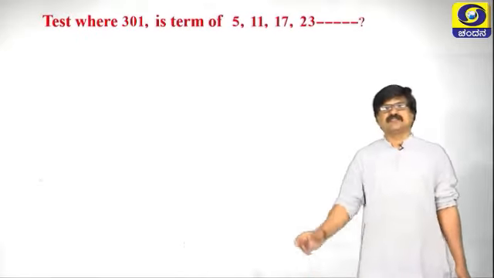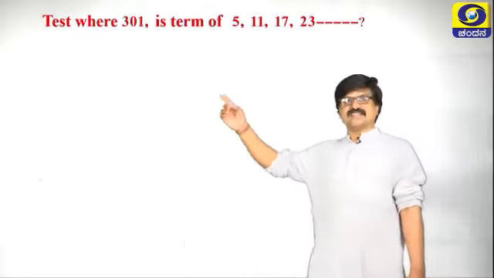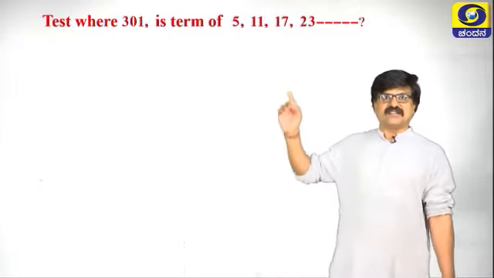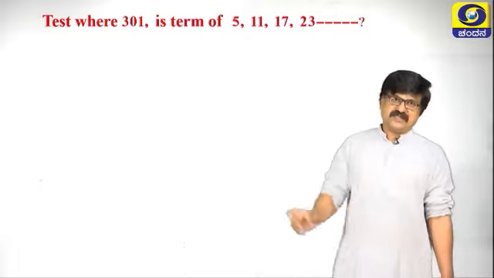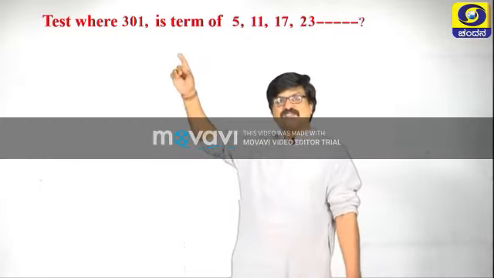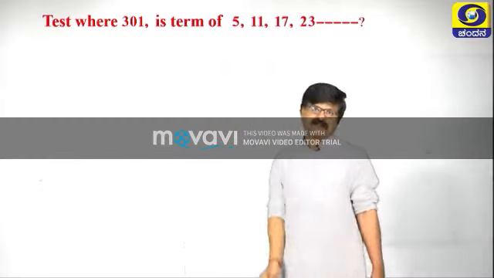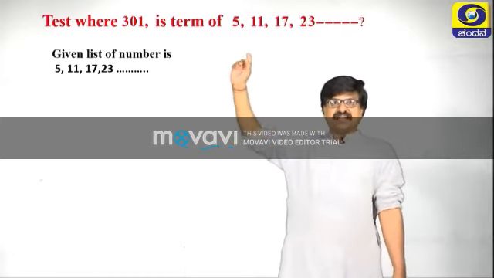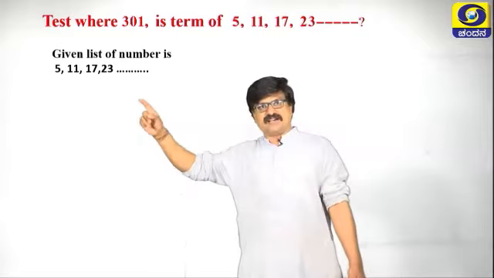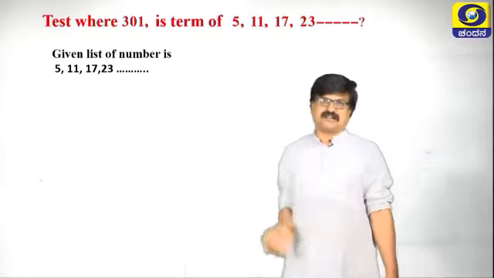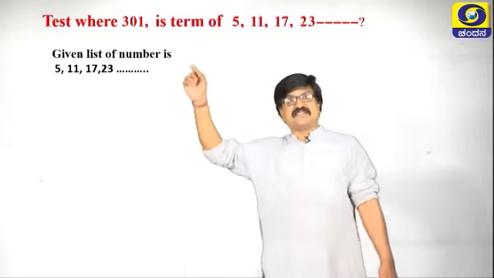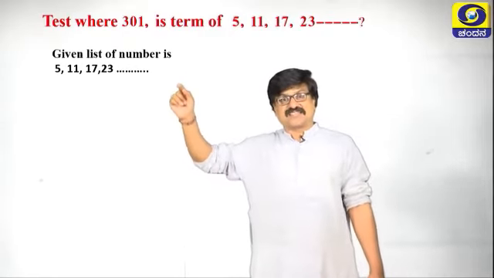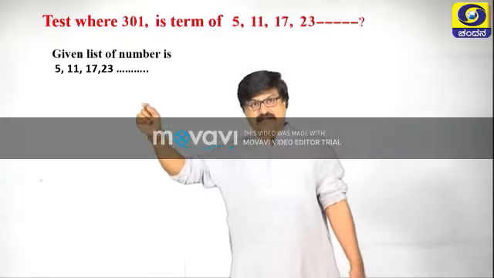The next one is one more sum. Test whether 301 is a term of 5, 11, 17, 23 and so on, means we have to find whether 301 is there in this AP or not, sorry, in this series or not. The given list of numbers is 5, 11, 17, 23 and so on, but we do not know whether it is in AP or not. First we have to decide whether the given list of numbers is in AP or not.